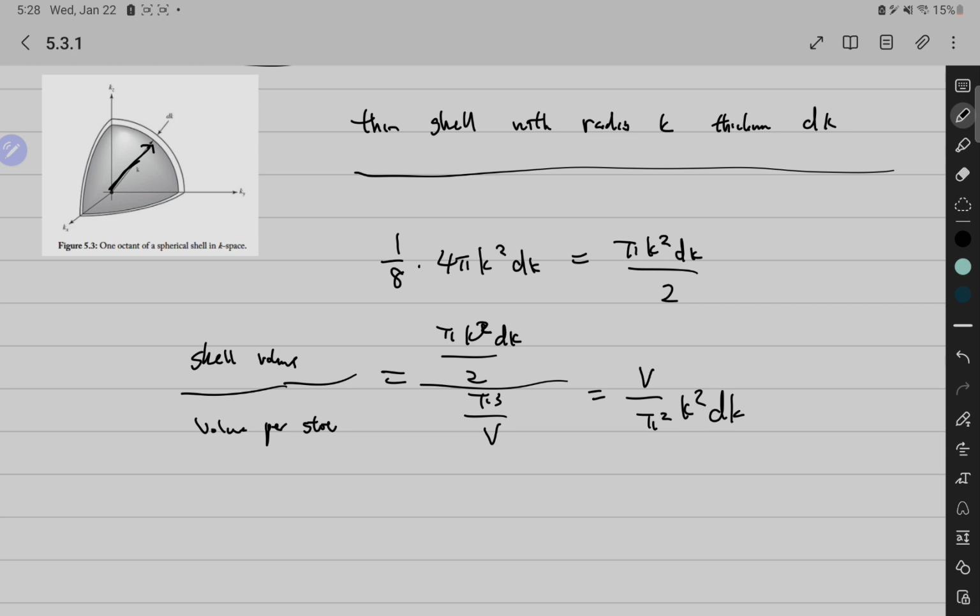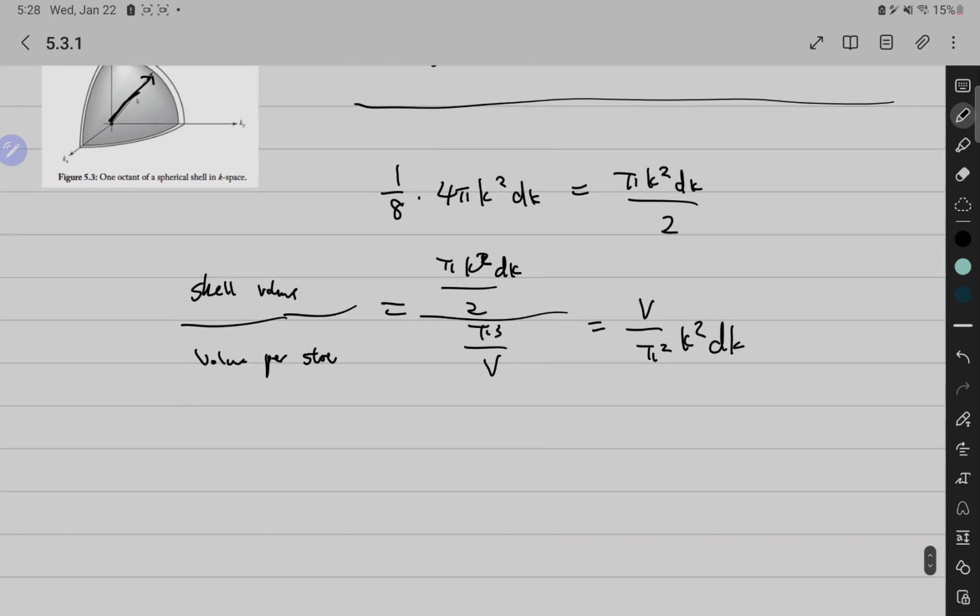This gives us the number of states within this thin shell that we have defined. And obviously the number of electrons is just going to be 2 times this, 2 times V over pi squared, k squared dk.